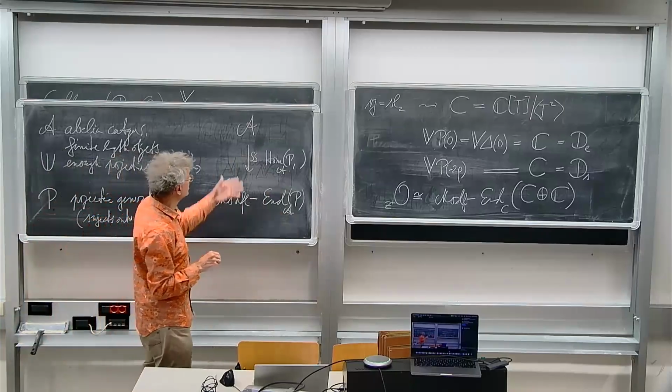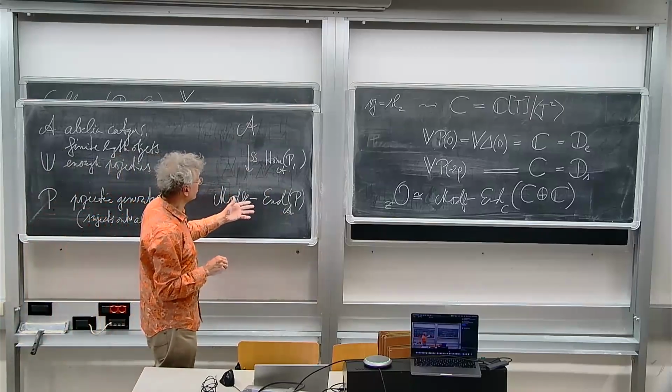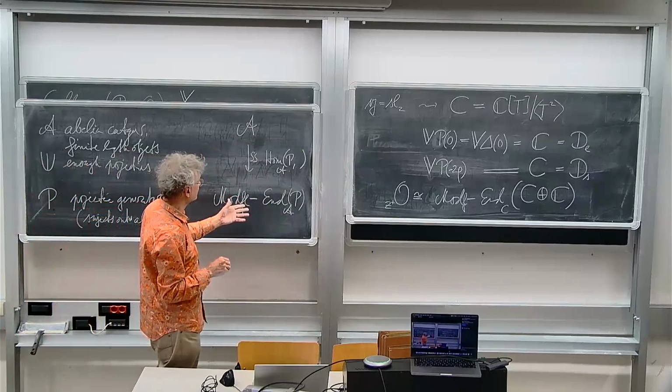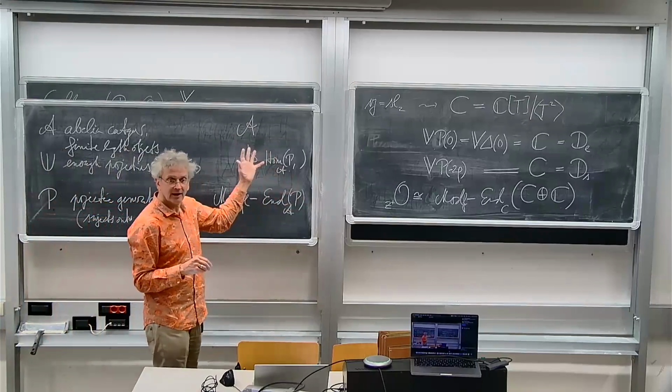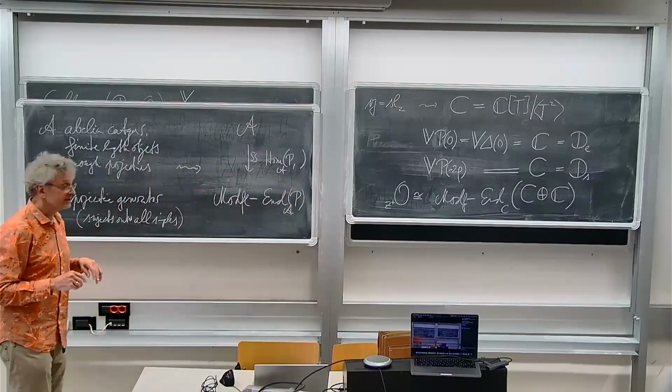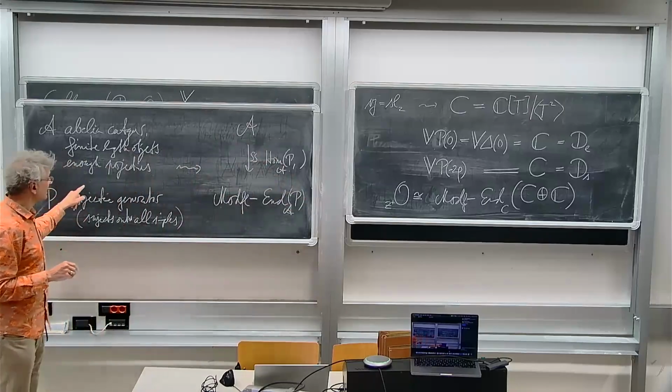The functor will not kill anybody, and we have an adjoint functor. That adjoint functor is something like tensoring with P. Maybe I forgot something, but I don't think so.